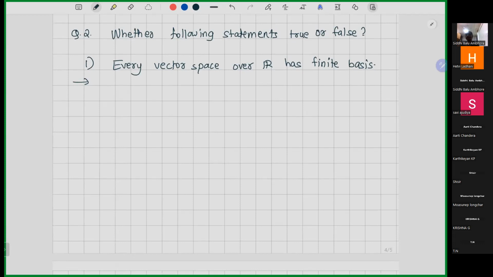Karthi said it is true and Karthikeyan said it's false. Every vector space, it is saying that give me any vector space, I can say that it has a finite basis. I mean, it is finitely generated over R. Since Karthikeyan said it's false, can you give me any counter example where this does not hold?